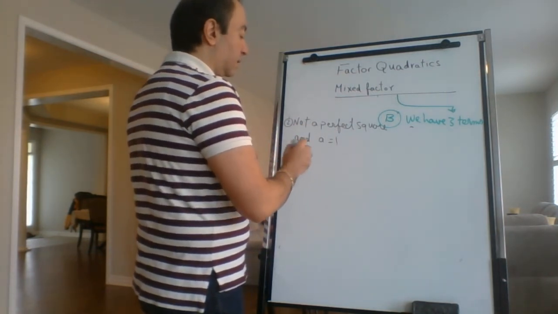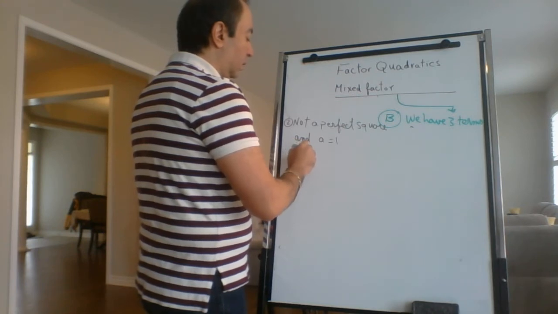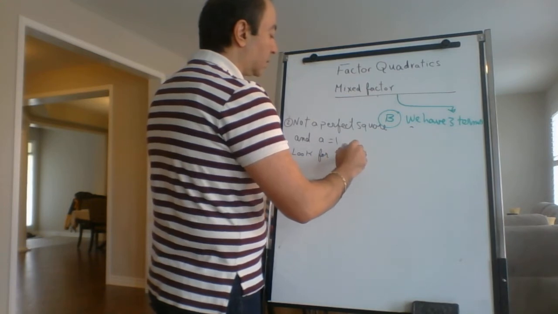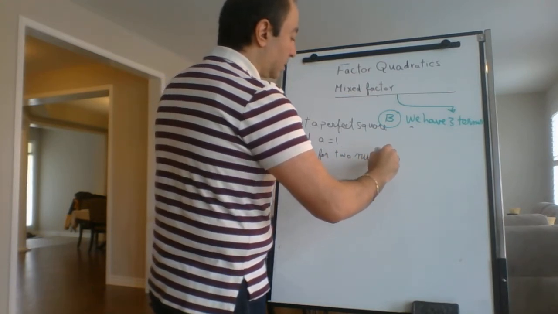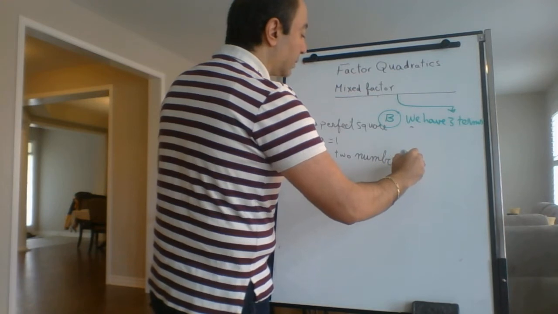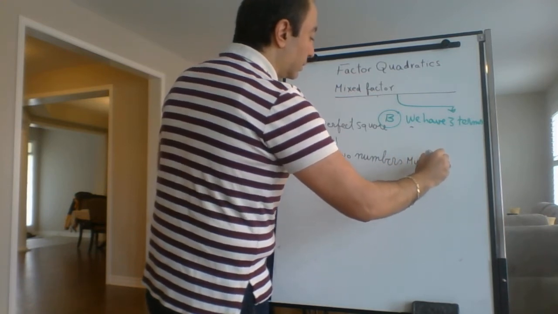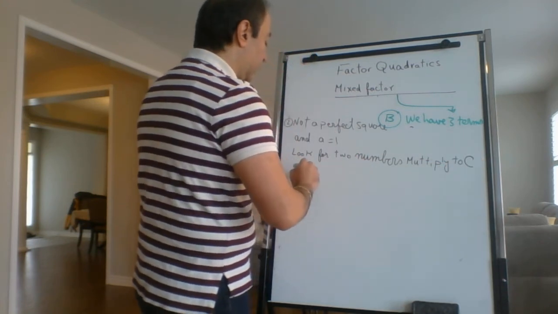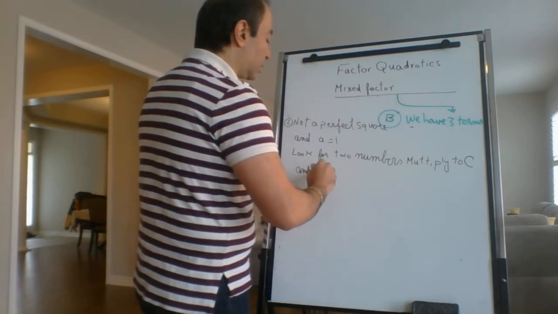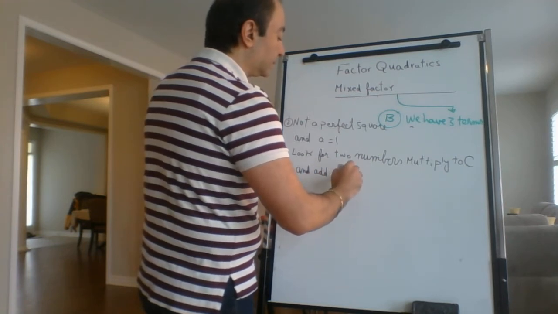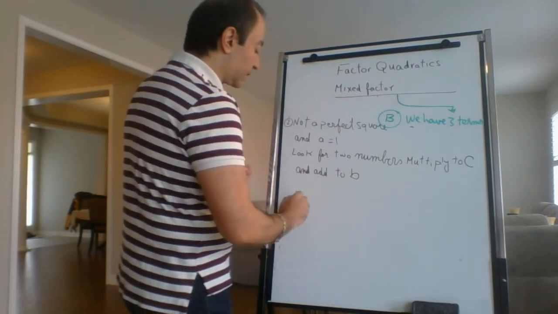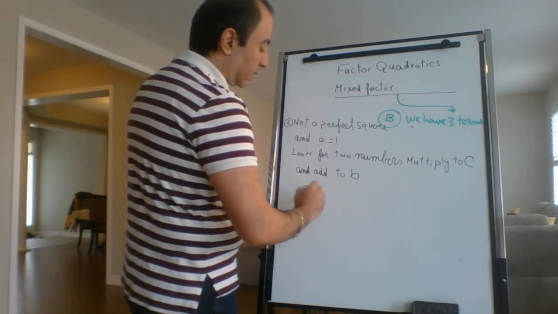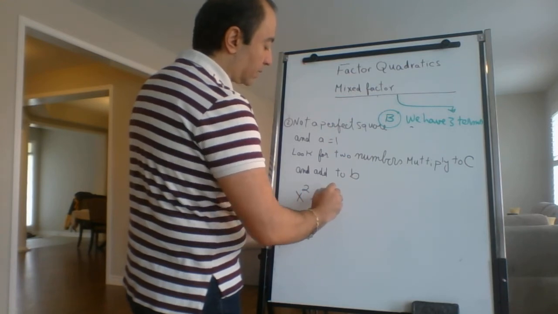In this case, look for two numbers that multiply to C and add to B. So example for this, x squared minus 3x plus 2.